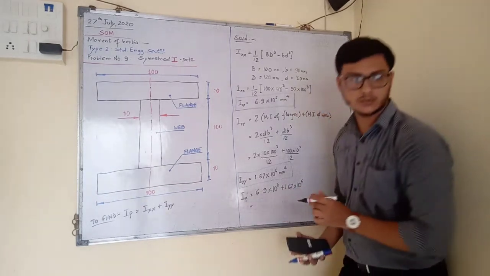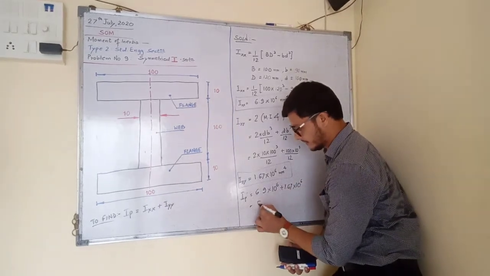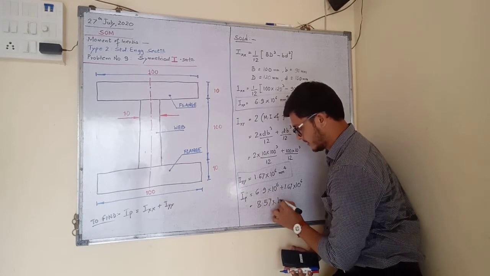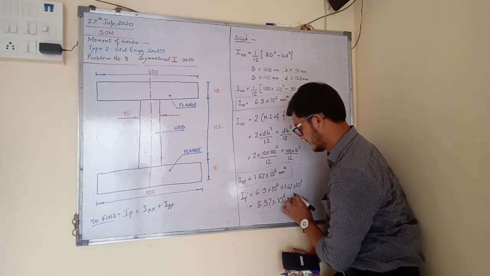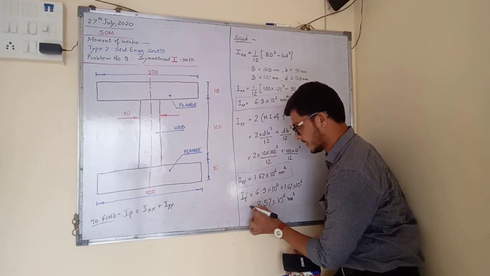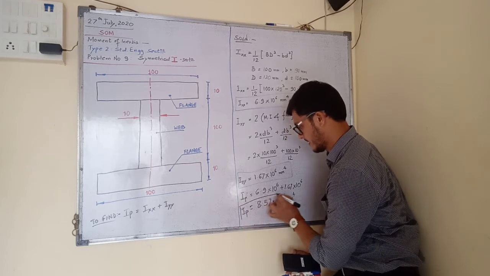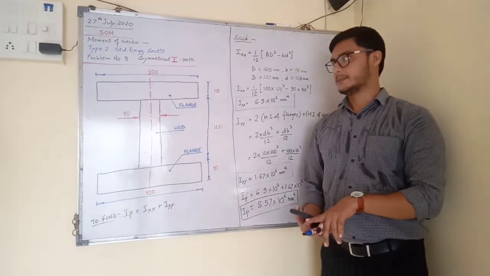On adding these two values, we get final answer as 8.57 into 10 raised to 6 millimeter raised to 4 IP. So this is the final answer. IP is equal to 8.57 into 10 raised to 6 millimeter raised to 4.